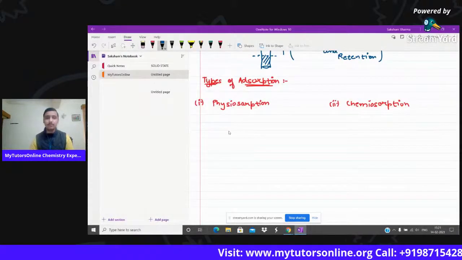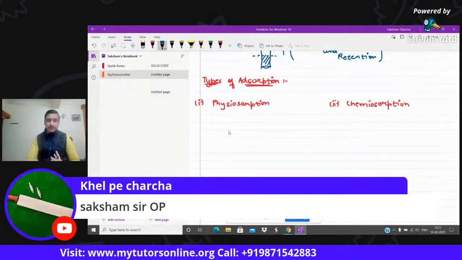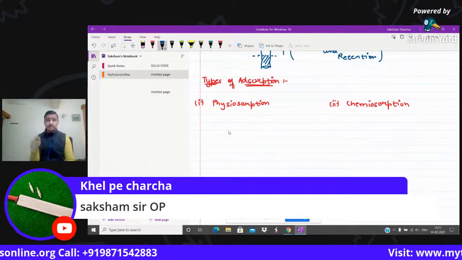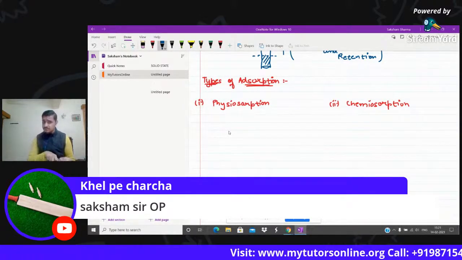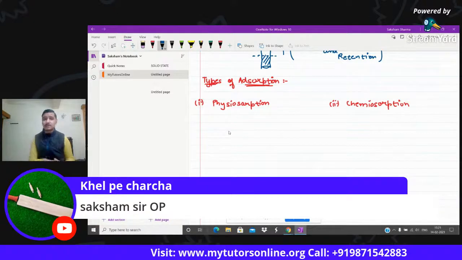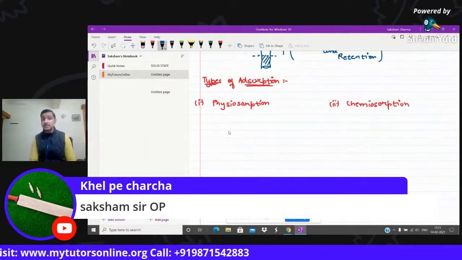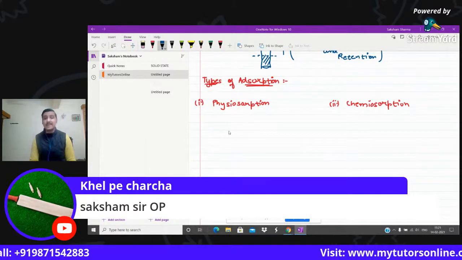Moving on, we now come to the types of adsorption. I told you how to get an ideal start for this chapter. First, you have to talk about what surface chemistry is, where it is used, and what its applications are. Here we only talked about the bookish definition of surface chemistry. Then next you move on to the first topic, that is adsorption.